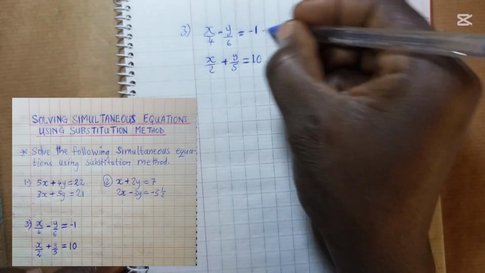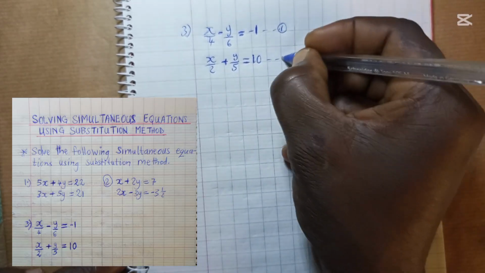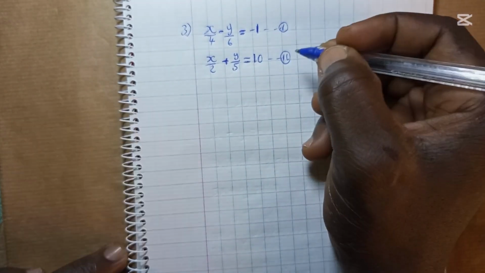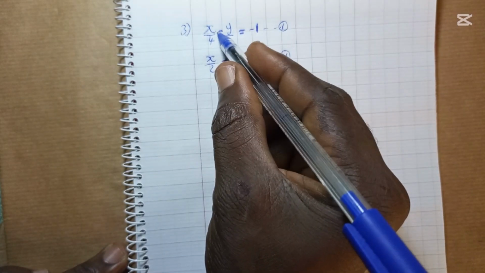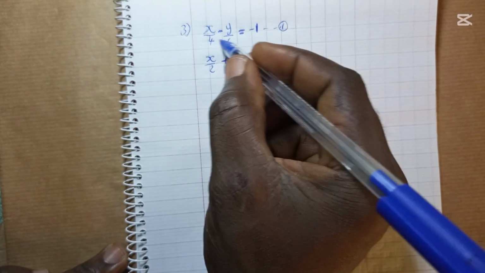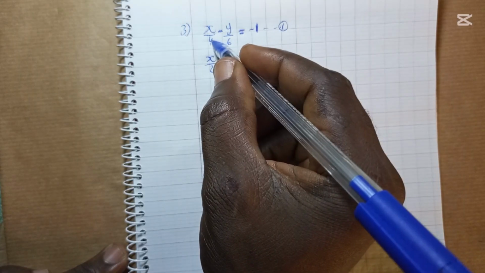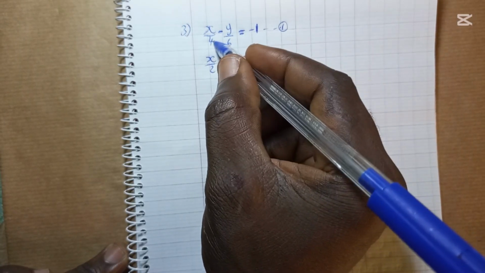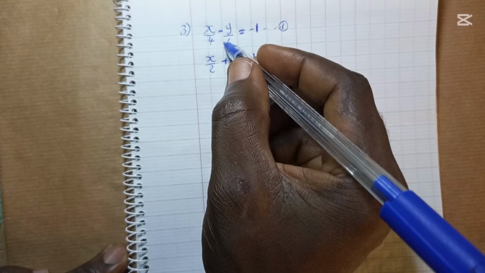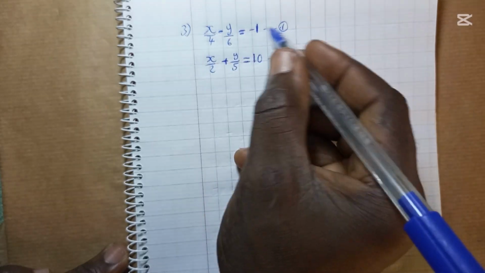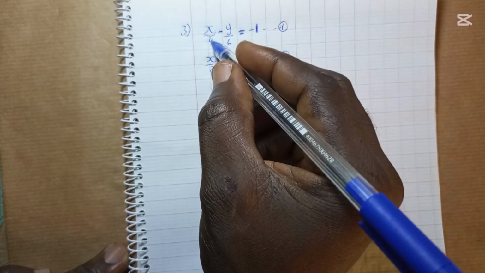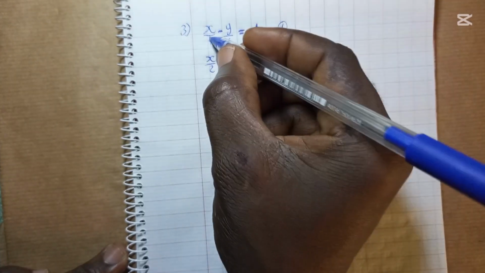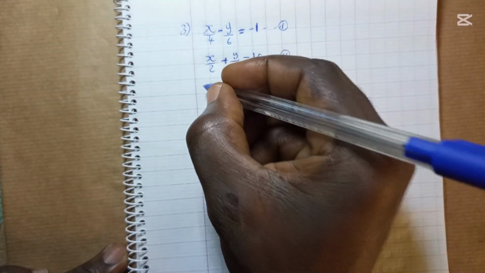So this is equation 1 and equation 2. So the next step is we are going to remove fractions by multiplying through by the LCM of the denominators. For equation 1, the LCM of 4 and 6 is 12. So I'm going to multiply each of these terms by 12.